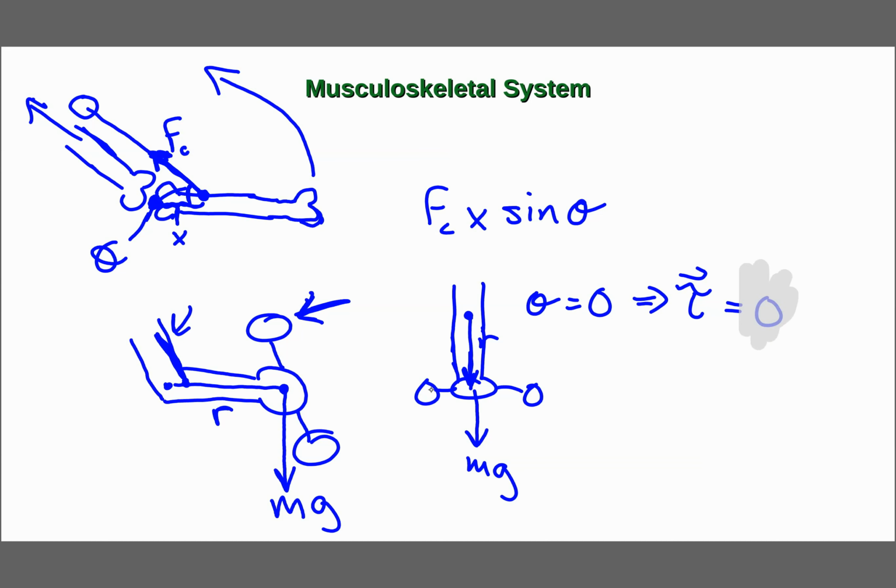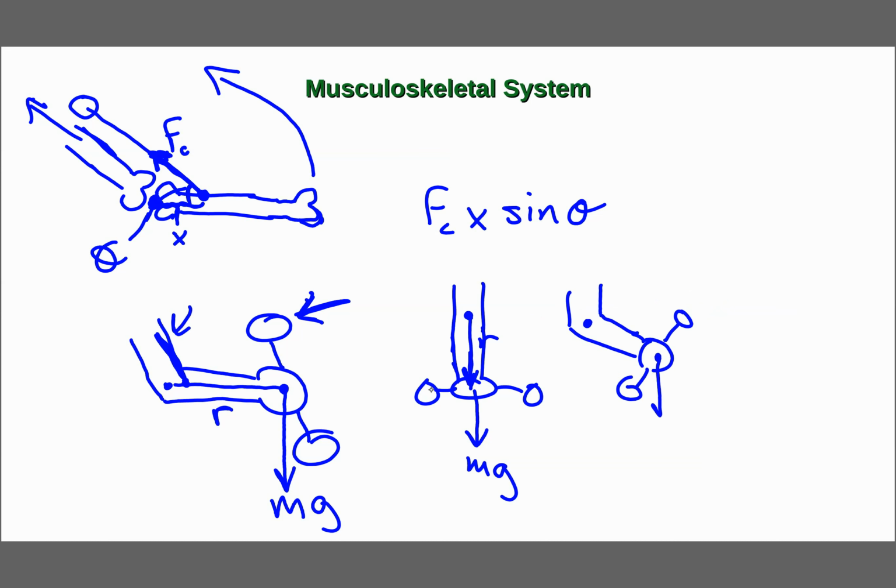But then as I bend my arm, so now I have my elbow here, and my arm's bent like this, and the weight's here. And this is pulling straight down like this. You can see that the angle between R and mg is changing all the time, right?